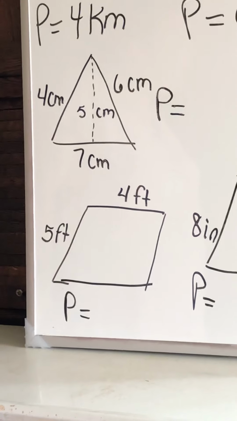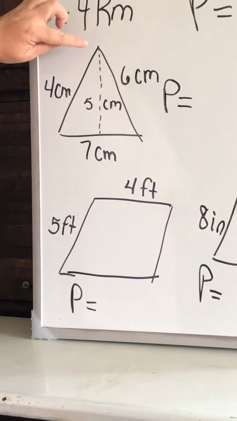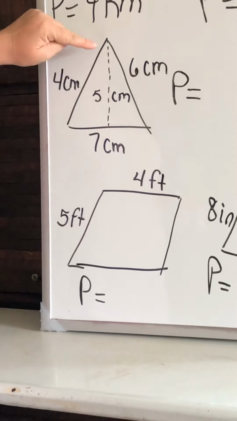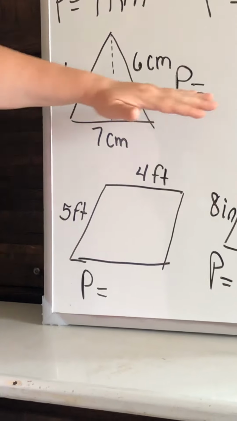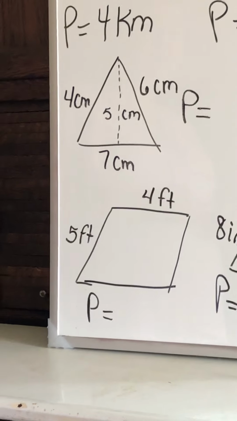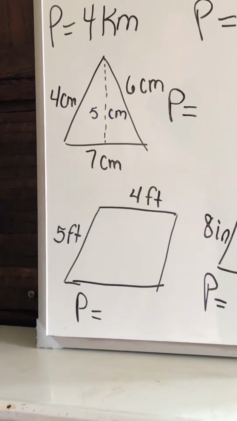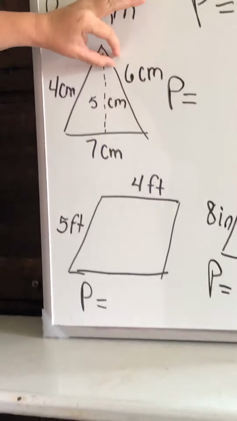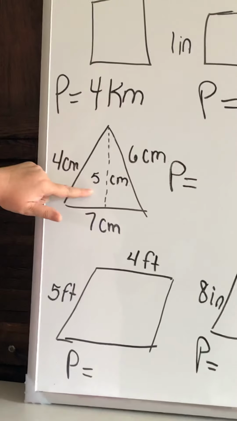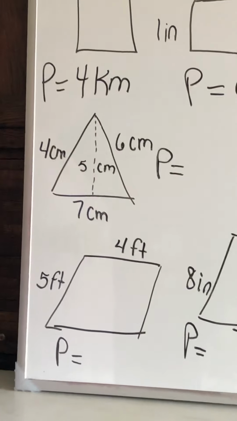In the area of a triangle, you're going to see a dotted line down the middle sometimes, and that stands for height. Now, when I ask you for the perimeter of a triangle, what am I asking for? Well, I'm asking for the outside parts, just the length of the outside. I didn't ask for the height.